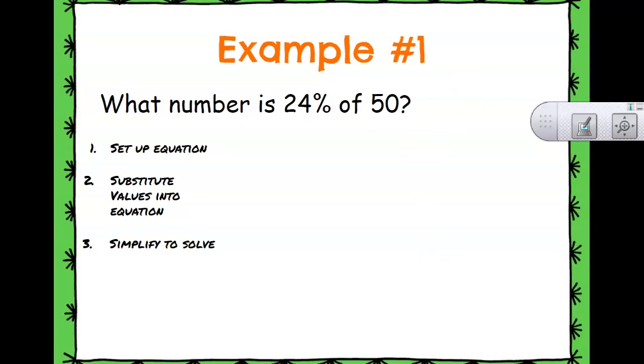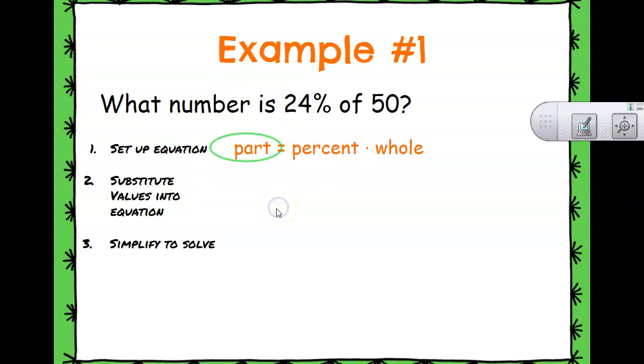So one more time, what number is 24% of 50? So the first thing you're going to do is use the equation part equals percent times whole. Once you have your equation set up, now all you have to do is take the numbers out of the problem and put them in place of those words.